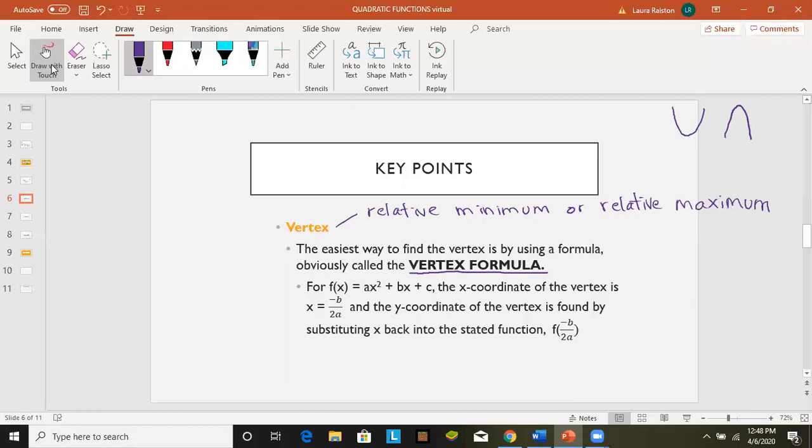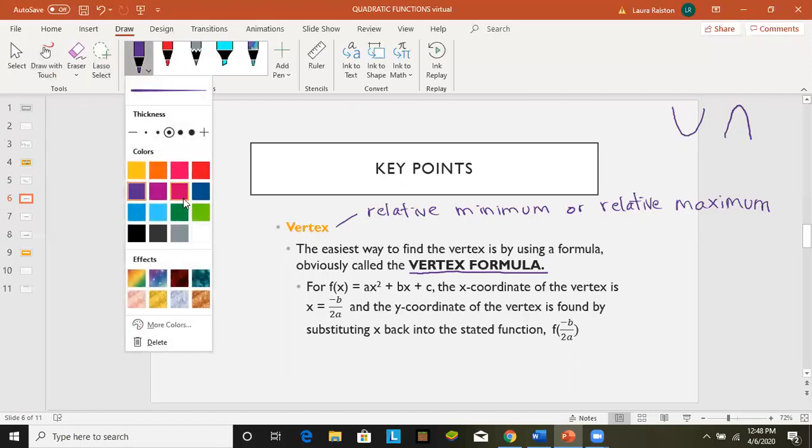If you have your equation, and it's written there on the slide, but I'm going to write it off here to the side of the screen too, so that you can see it.